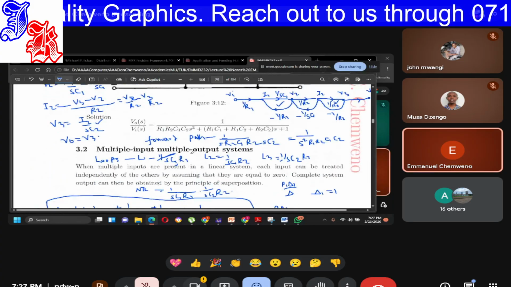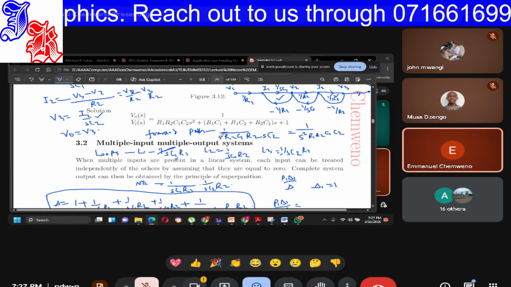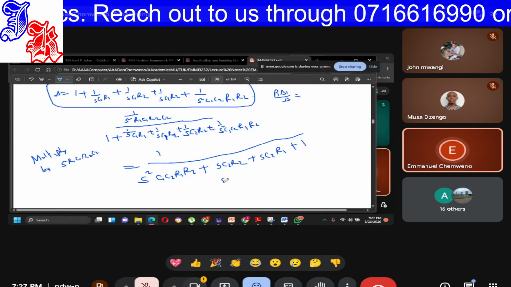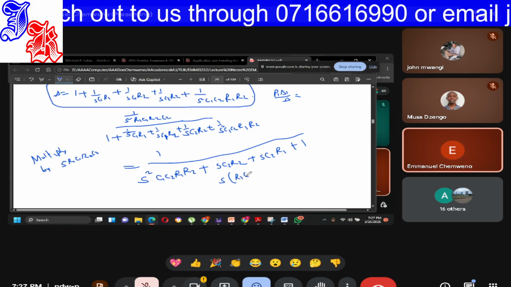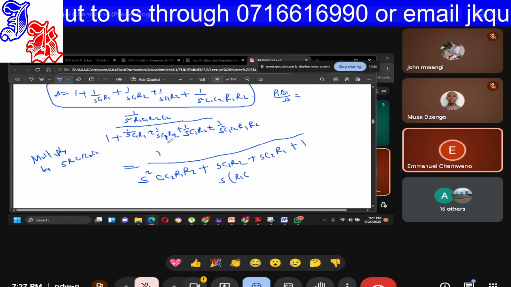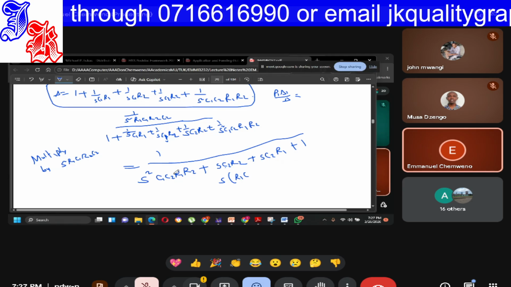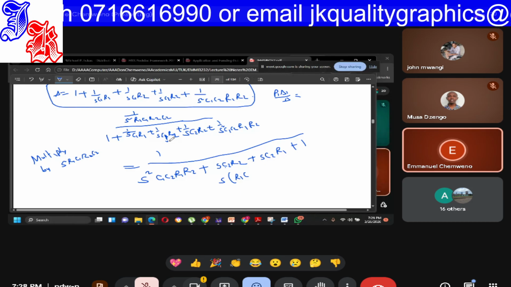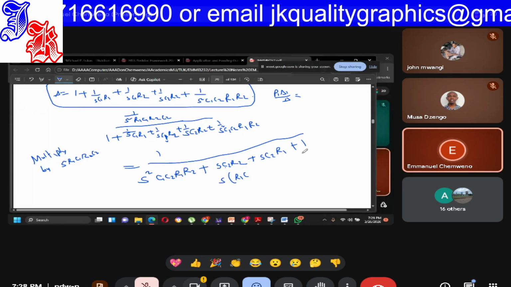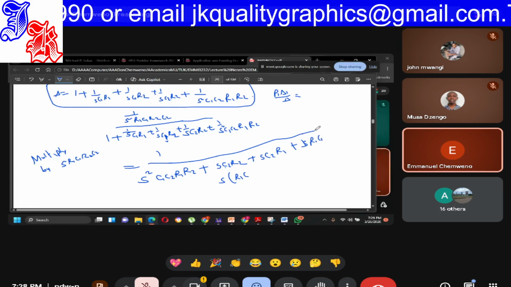Which is the same as this, S squared C1 C2 R1 R2 plus this as groups. There's a term I forgot. There's S R1 C1 plus 1.